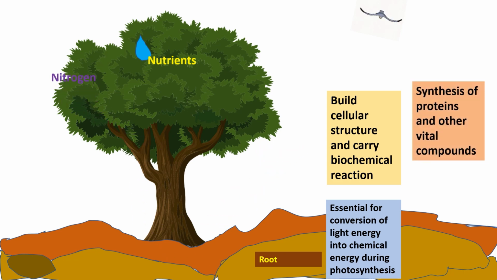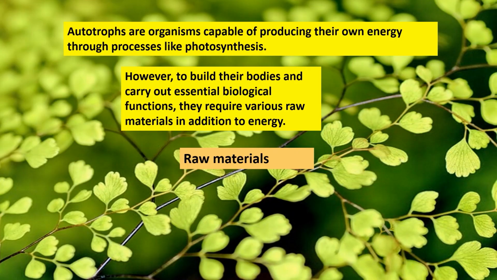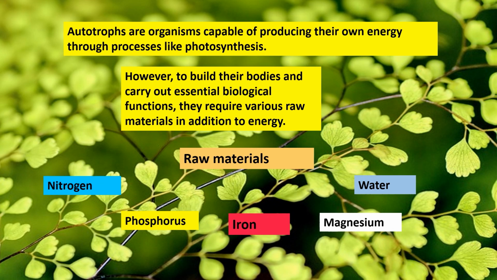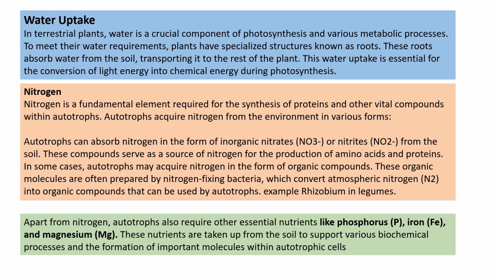Nitrogen is the fundamental element required for synthesis of protein and also other vital components within the autotrophs. So, autotrophs are organisms capable of producing their own energy through photosynthesis. We just now learned about the various raw materials. Right? You can go through this, take a screenshot and understand and learn for your board exam.